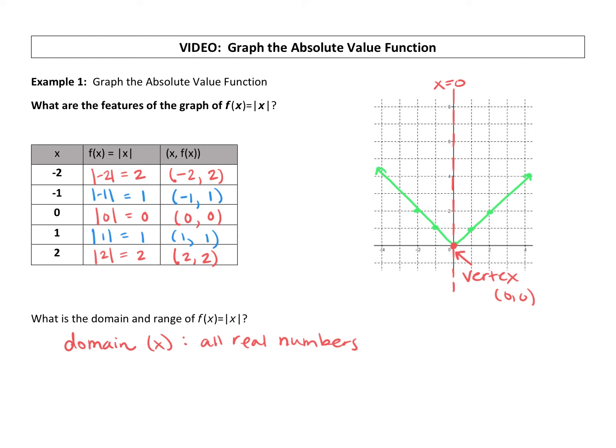All right, so then let's have a conversation about the range. Remember, the range is the output values, also the y values, or because we are in function notation, we also could say the f of x values. So if we take a look at our graph, I think it's a little clearer to see this. The output that we get, because it's an absolute value, what does the absolute value do?